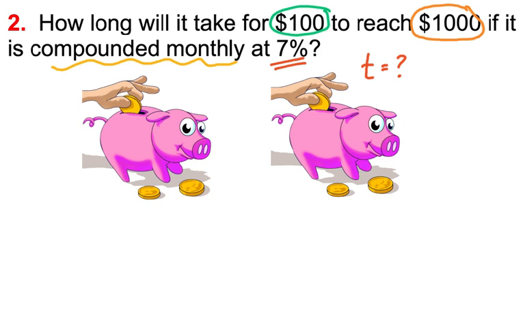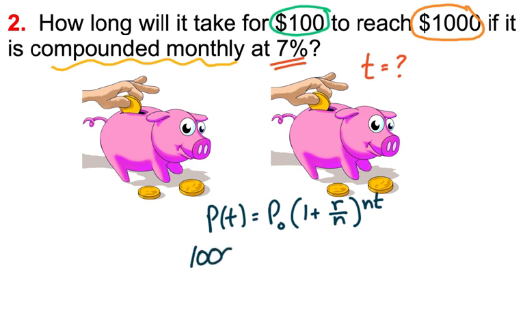All right, first of all, we need to bring back that old equation for compound interest. Do you remember? P of t equals P of 0 times (1 plus the interest rate divided by n) raised to the n times t, and n was how often you were compounding. So if we try this one, I know what the final is. It's $1,000. I want to get $1,000 by starting with 100.